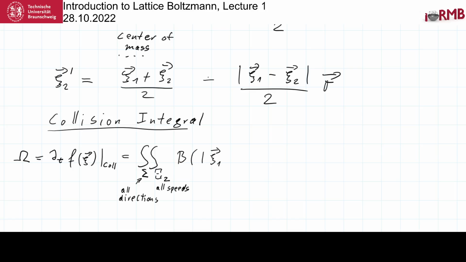But this function b depends only on the difference between the particle velocities, not on the absolute velocity, and the direction. And now this has to be multiplied with the probabilities of particles actually meeting each other.